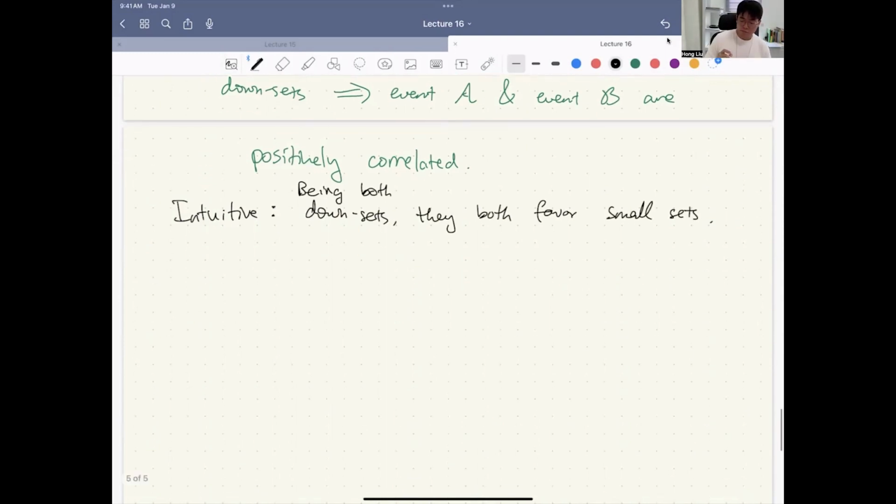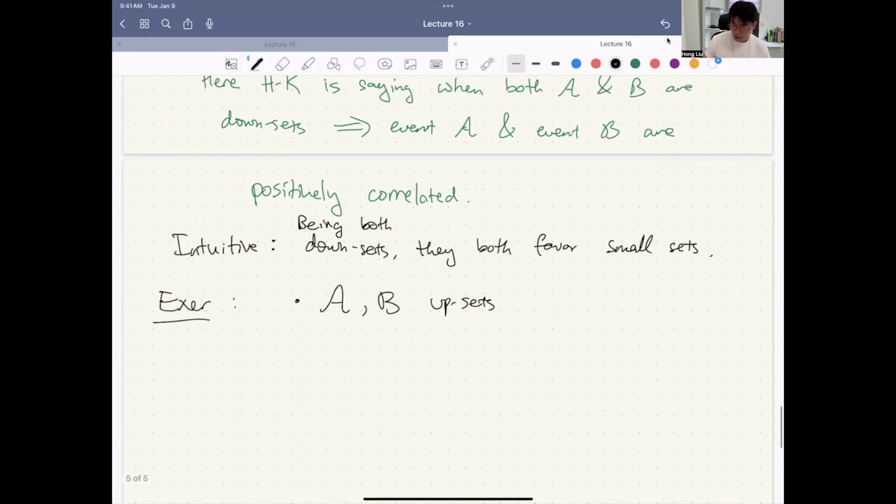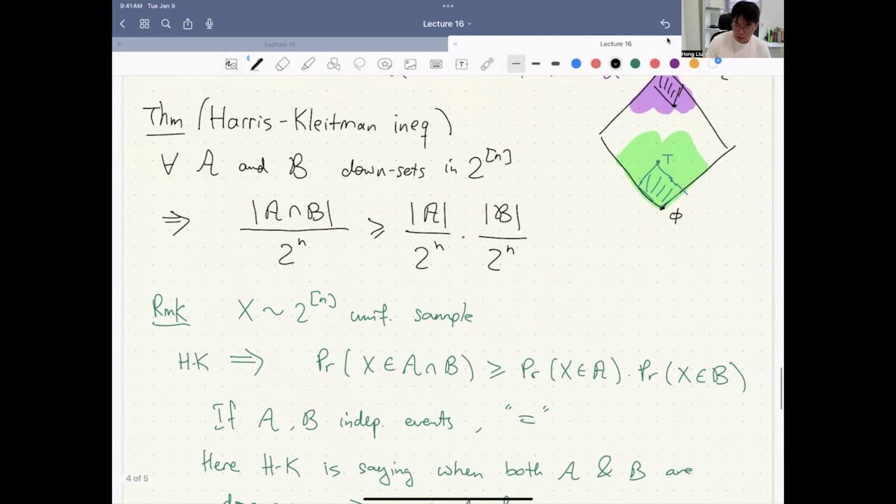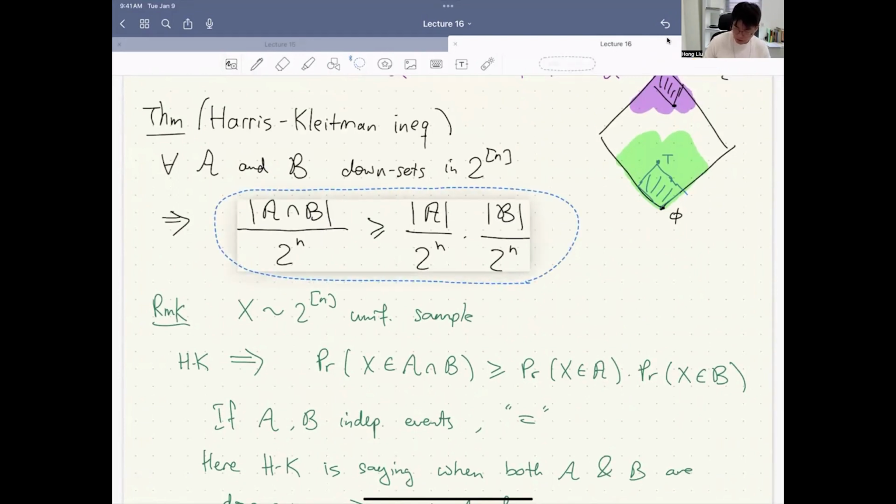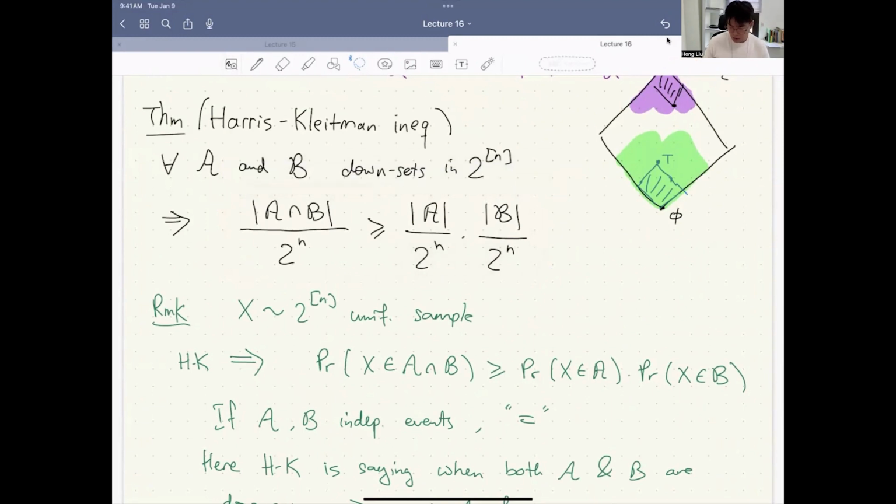So I will leave as an exercise to prove this variation: if A and B are both upsets, we have the same inequality.